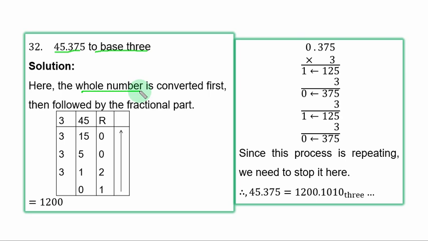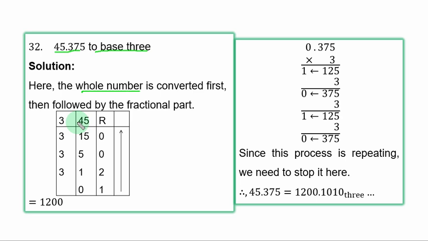While for the decimal part we use a continuous multiplication until the last result is 0 as well, or we have a repetition of pattern. So let's convert 45 to base 3. So this is the order. You have base 3 column, 45 column, and the remainder column.